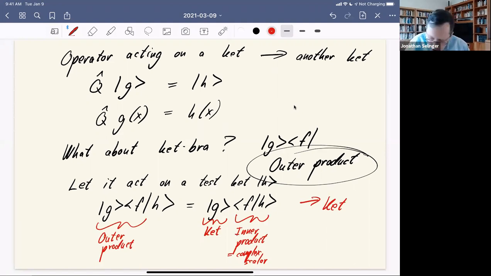Yeah, so this is a ket times a number, right? And a ket times a number is another ket. We could also write it as <F|H> G, like that, because it doesn't matter whether we put the number at the front or at the back. Usually people would write it the first way because somehow that just looks nicer, but it could be written this way.